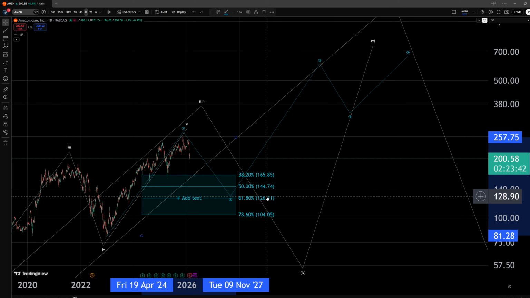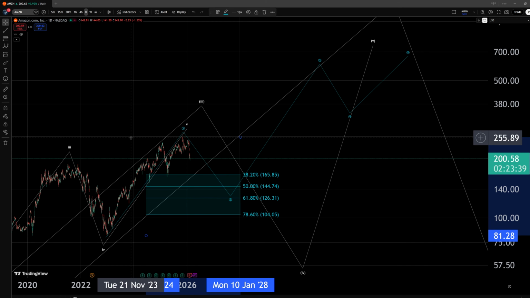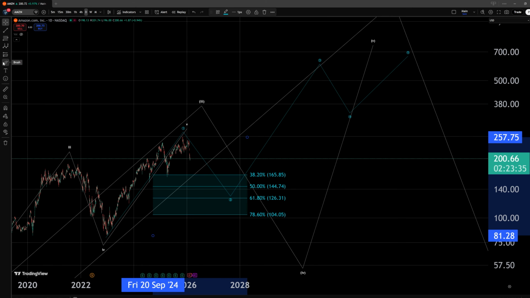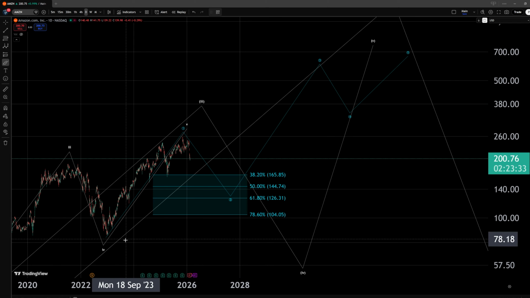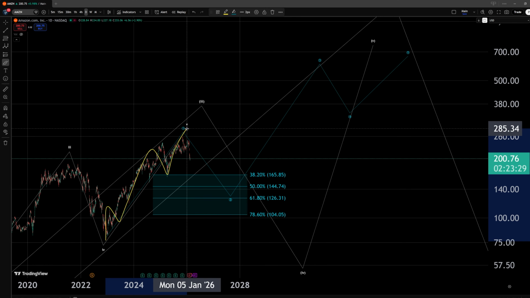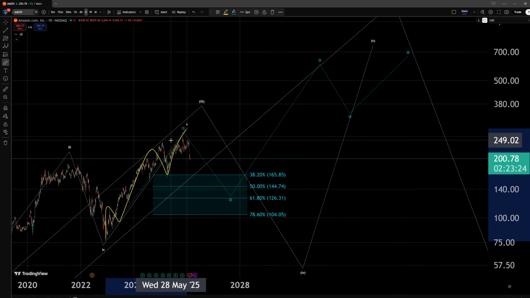Now, one key caveat within this structure. This isn't going to be directly a high probability area of support because this is not an initial 5-wave move to the upside. It is a 5-wave pattern, but it is not an initial 5-wave pattern.